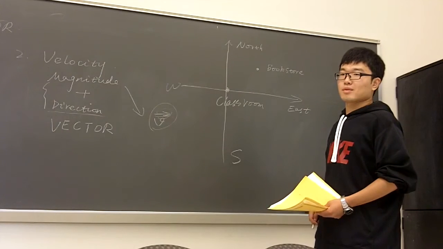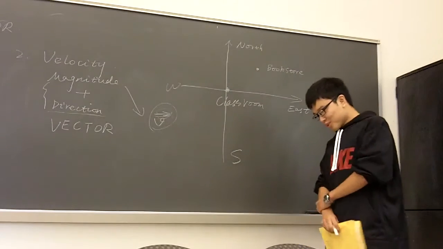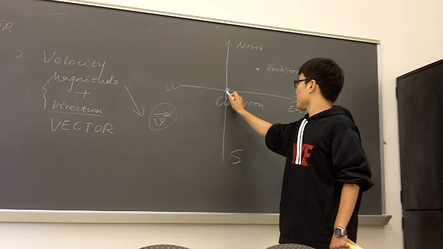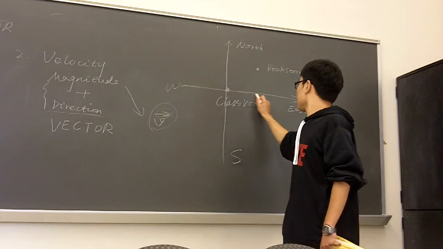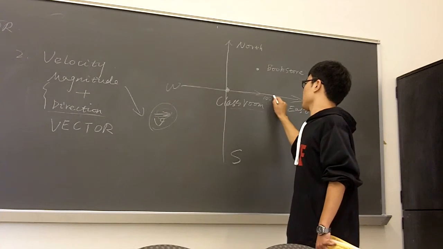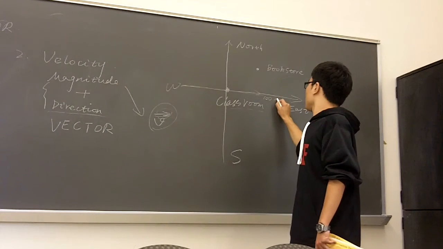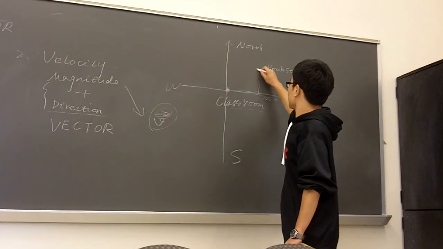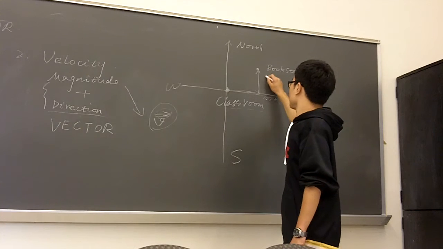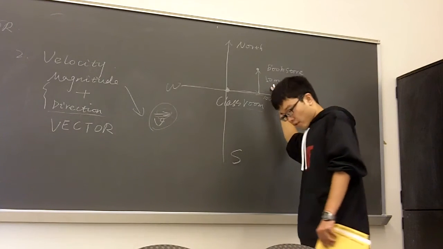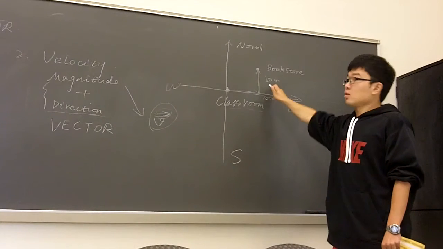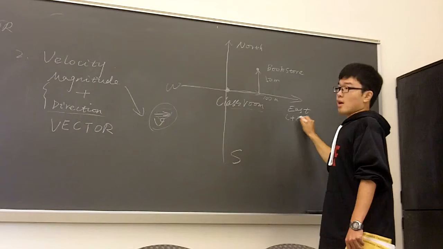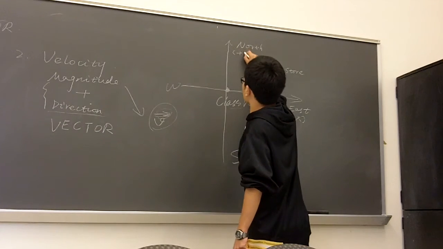According to our daily experience, maybe we should walk from the classroom to the east 100 meters, and then turn left on the street, maybe 50 meters. So in the coordination system, just assume this is the plus x-axis, this is the plus y-axis.